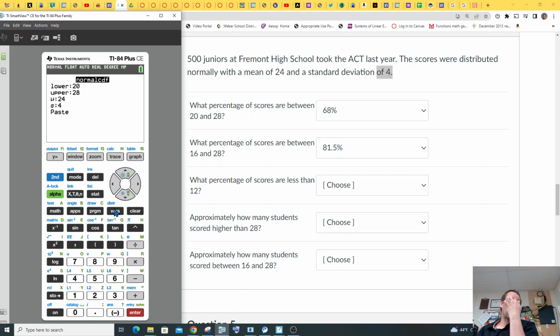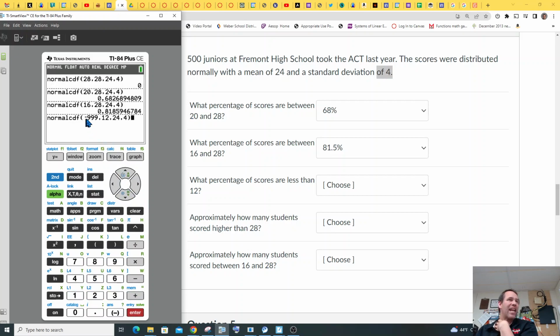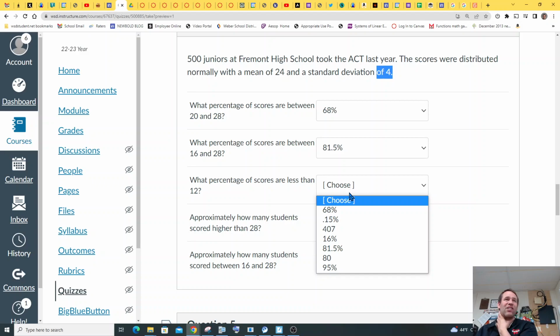We're going to choose a big negative number, like negative 999, as our lower boundary, and our upper boundary will be 12, with a mean of 24 and a standard deviation of 4. So negative 999, comma 12, comma 24, comma 4. That's 0.001, which is basically 0.